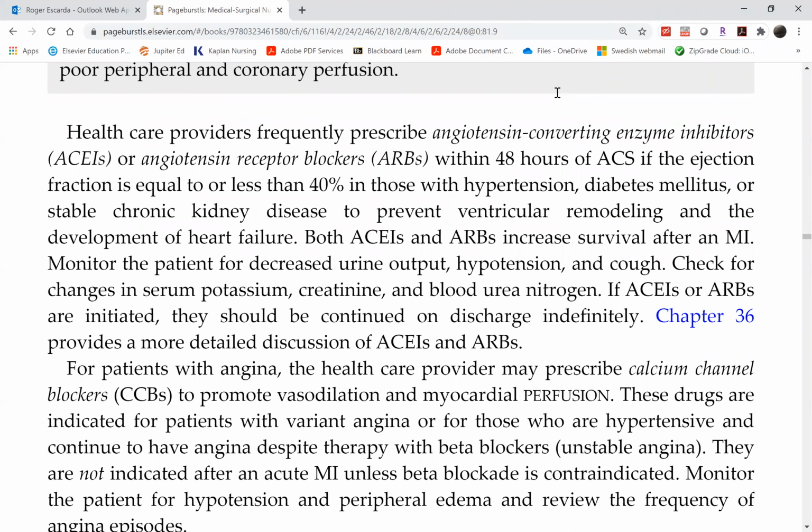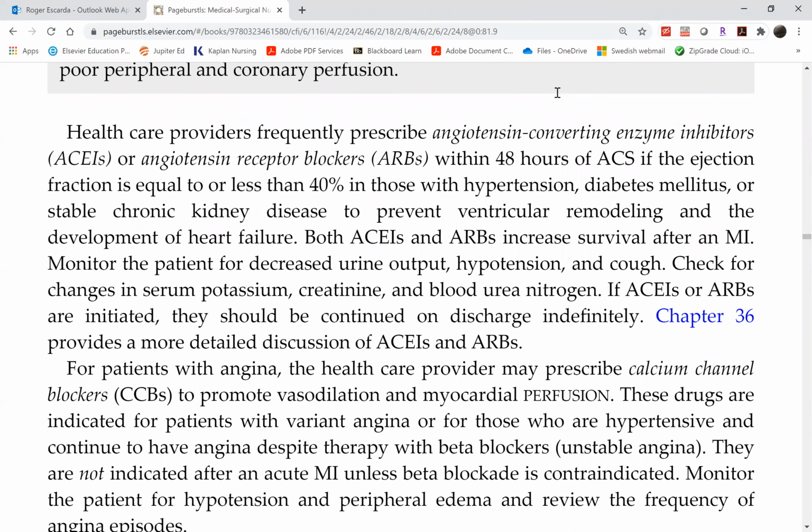So we have ACE inhibitors as standard, or ARBs, never both. And we can also have, wait a minute, they can be on both because of Entresto. Entresto is a combination drug. And then of course for cholesterol, the patient will be on a statin unless contraindicated, then we'll use a non-statin.